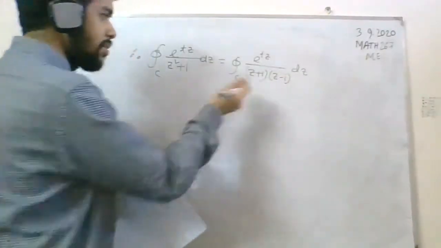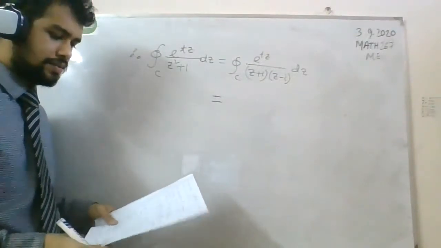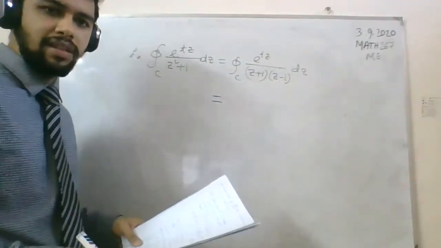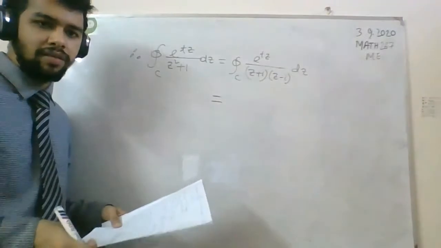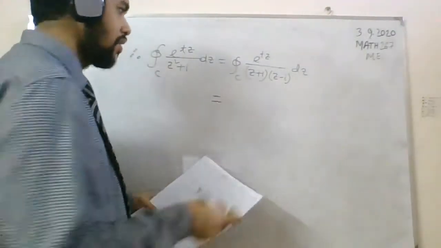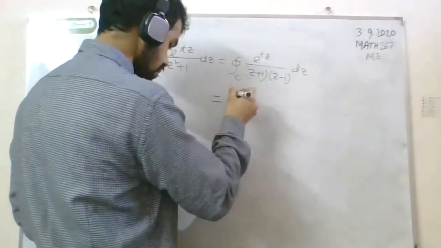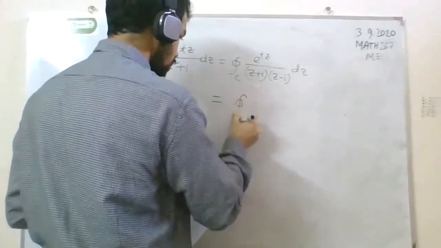তো এটাকে সেপারেট করার জন্য কি করতে হবে? আংশিক ভগ্নাংশ। That is partial fraction. You have to use partial fraction format for solving this term. So all of you know.